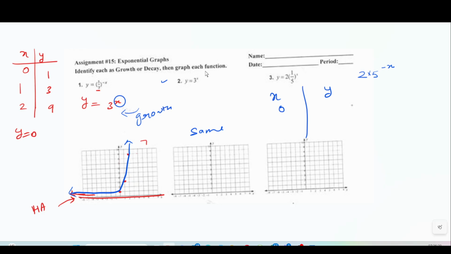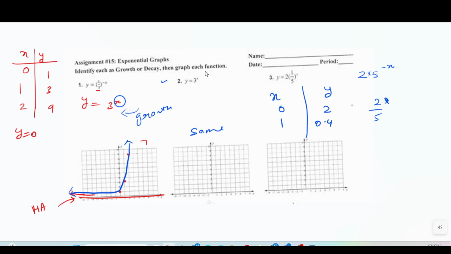So if x is 0, y is going to be 2, right? 1 times 2. Let's take x as 1, so this will be 2 over 5, which is 0.4.